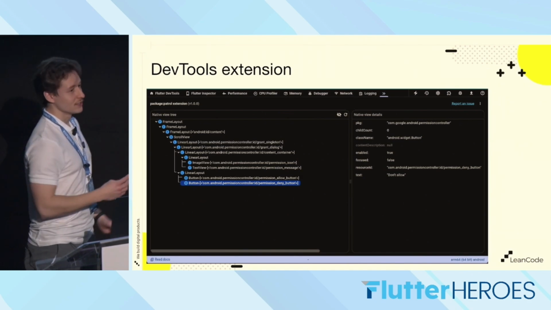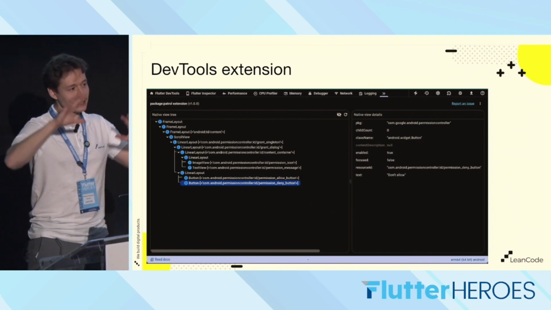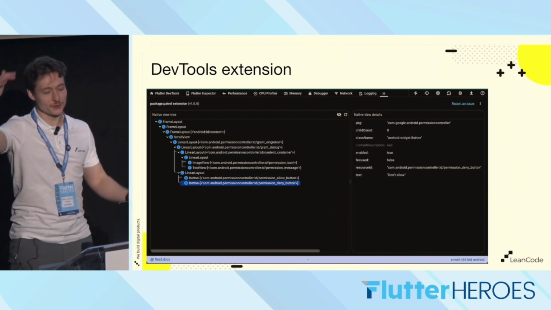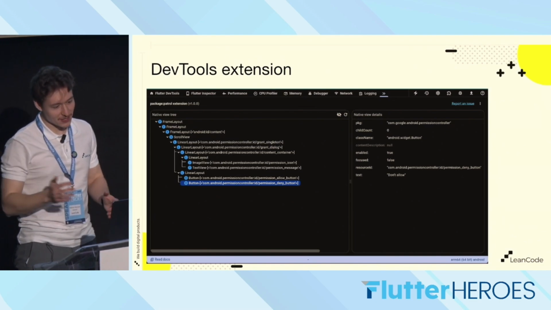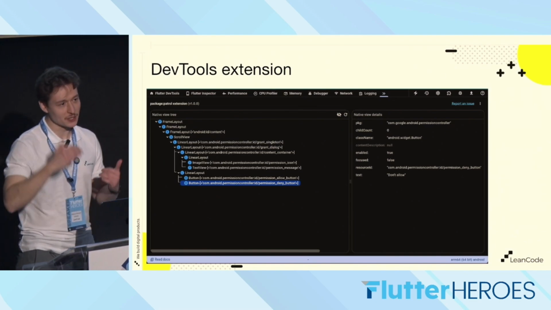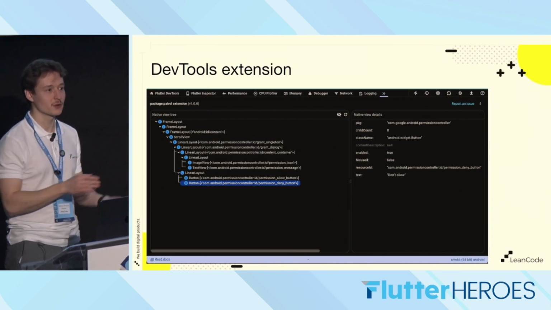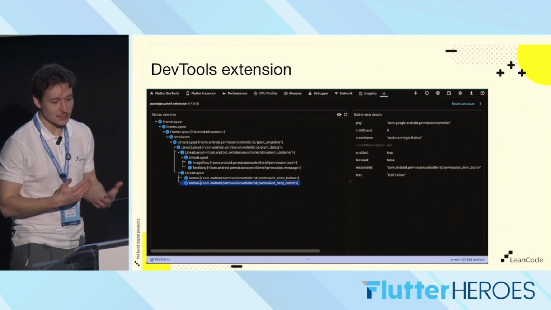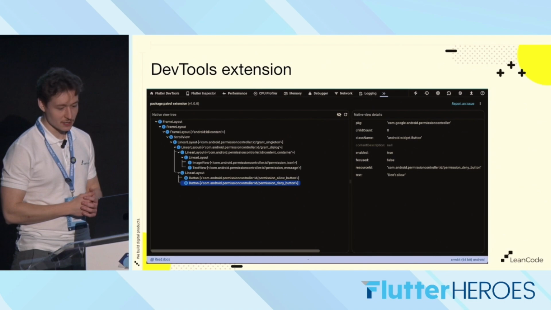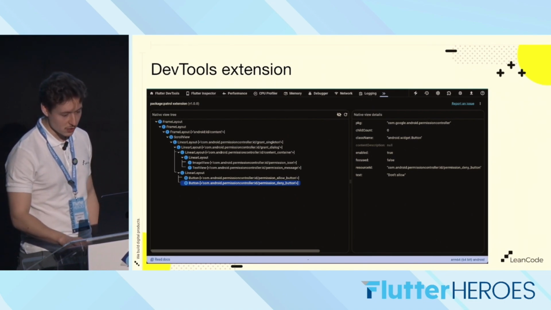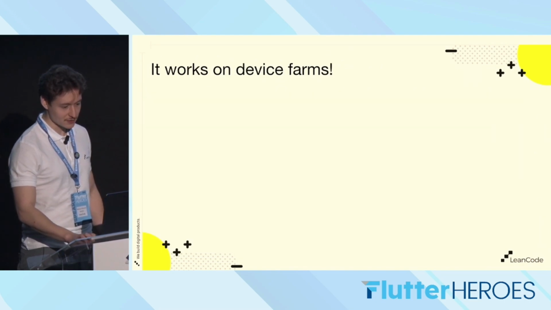Normally you would have to dump a huge XML file from ADB, with a lot of XML nodes that are equivalents of the views on the screen, and find it manually. So we thought it would be nice to have an equivalent of Flutter Inspector, but for native views, so that you can see what's happening on the native side of your screen. You can use the DevTools extension with Patrol from Flutter 3.16, because that's when it landed on stable.